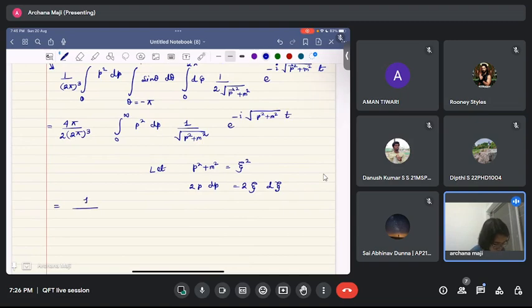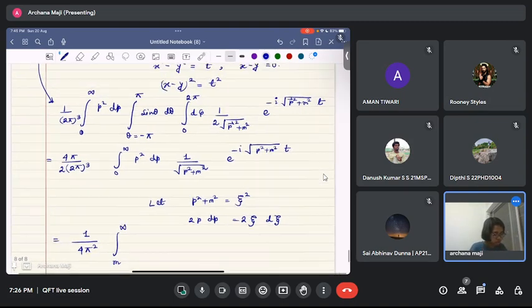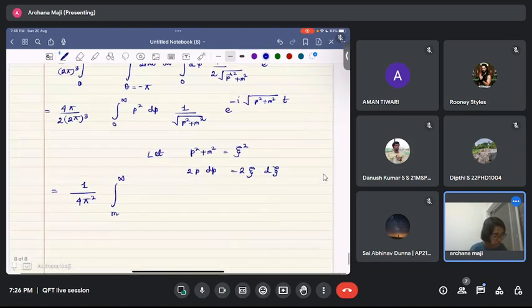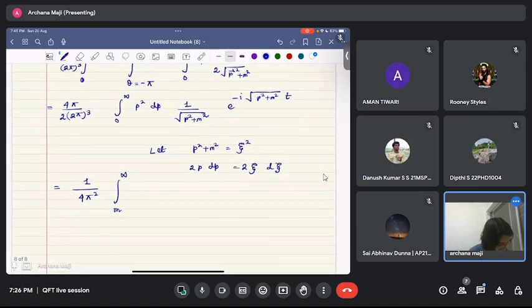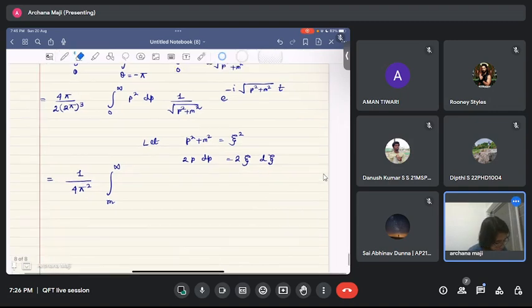So 1 over 4π^2, m to infinity. 1 p dp I can replace by ξ dξ. Let's cancel out 2 from both sides.